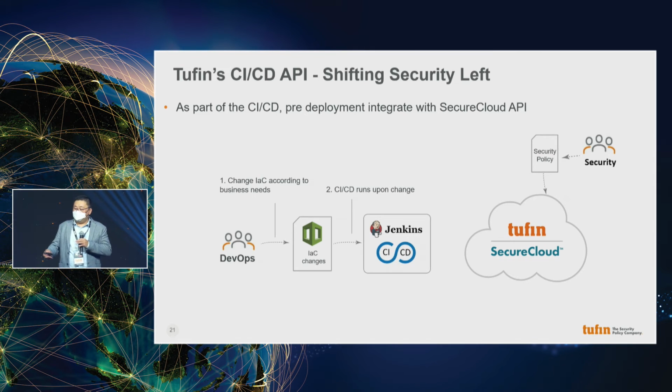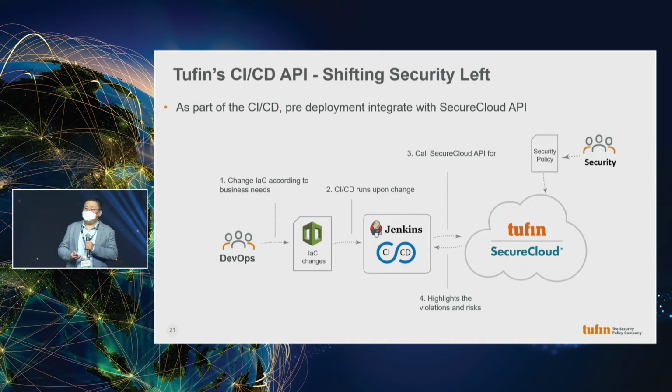They submit that, it goes into the CI/CD pipeline. The pipeline runs the change, and before it's pushed, it calls the API into Tufin Secure Cloud to perform a compliance check. If any risk or violation is highlighted, we can immediately correct that problem, all right? If there's no risk, then we can let the solution continue and deploy all the workloads in the cloud environment.